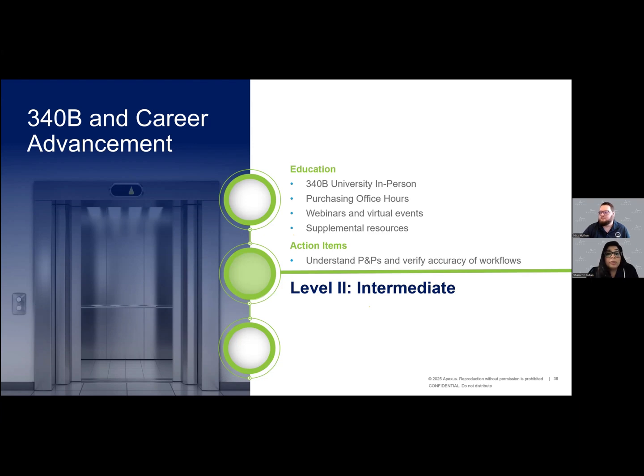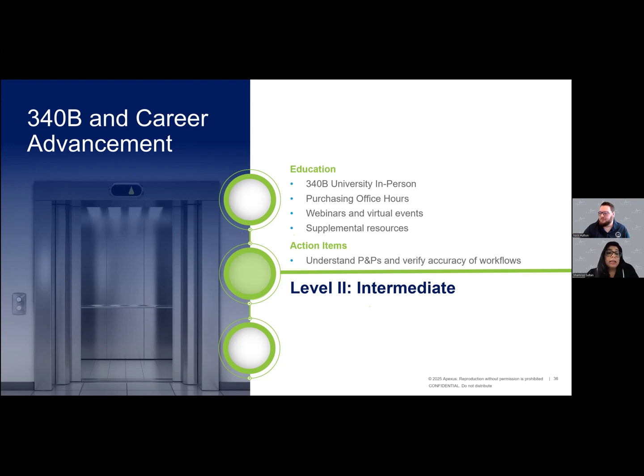Additionally, if you're involved with buying and purchasing at your institution, we also offer purchasing office hours where you can meet one-on-one with Apexus staff that can help answer your 340B related purchasing questions and also help you navigate the PVP secure site. There are also webinars, virtual events, and other supplemental resources that the PVP program offers throughout the year that are focused on intermediate level topics that can help you better understand the 340B concepts.